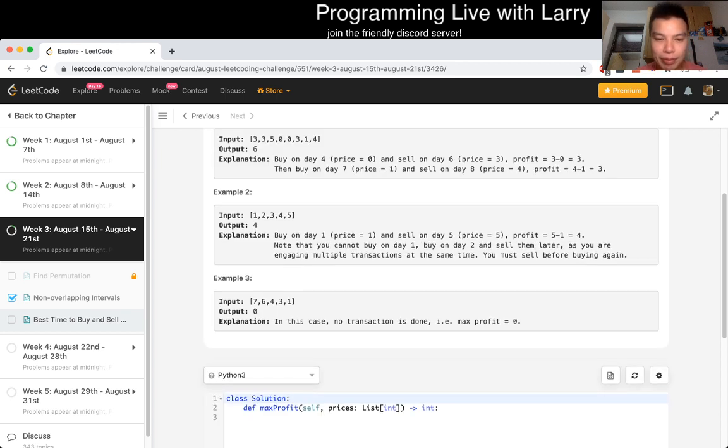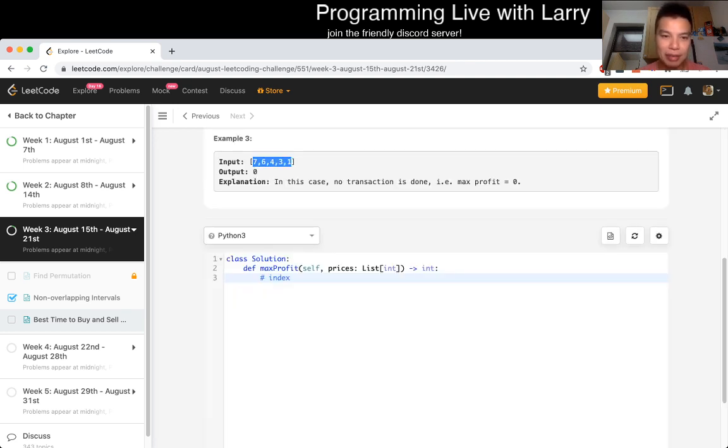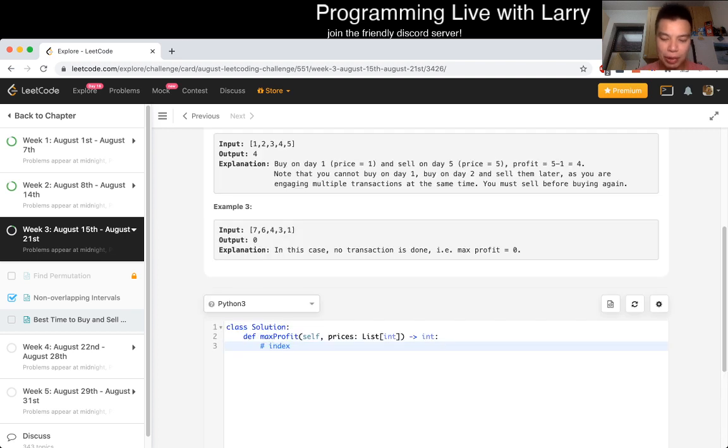But yeah, so what are the different states, right? The different states could be the index, which is the day that we're in, from 0 to 5. Do we have a stock? And also the number of transactions, right?